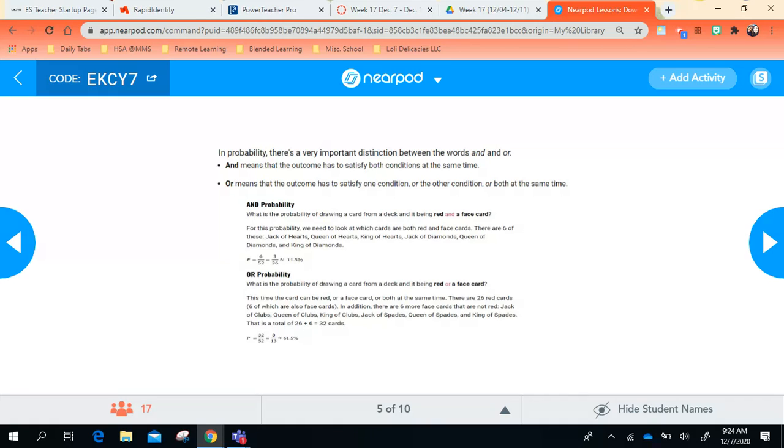Or means that the outcome has to satisfy one condition or the other or both at the same time. So all of that to say, you're going to write this in your notebook because you are going to need it. So you're going to write something like this. And or. So title that in your notebook.